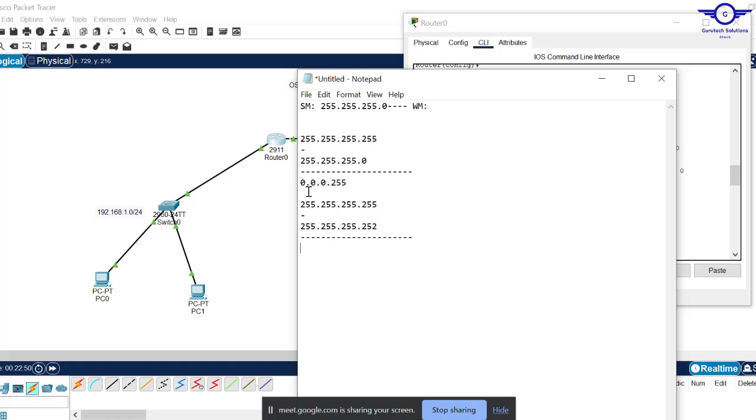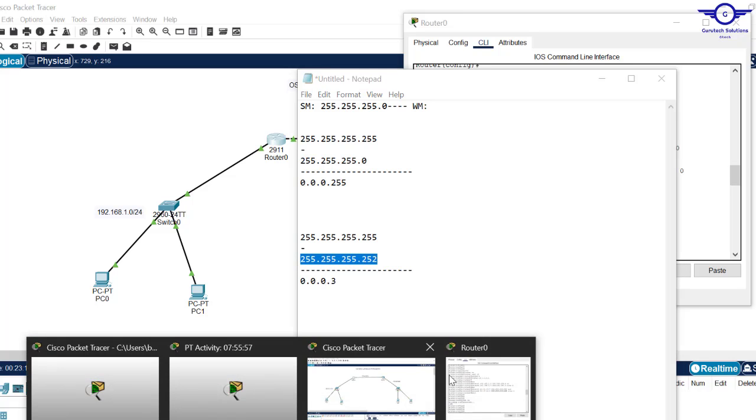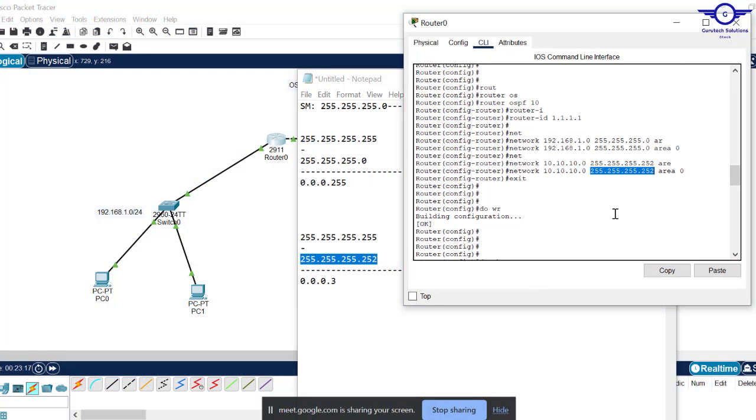This one is 0, then 255, that's 0 also. Then 255, that's 0. Then 255 minus 252 is 3. So that's the wildcard mask of this one. It's just the inverse of subnet mask. Very, very simple.